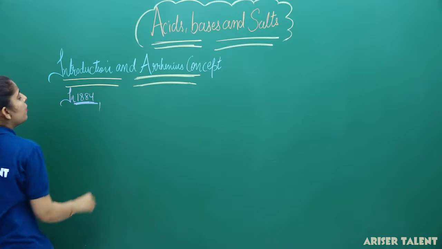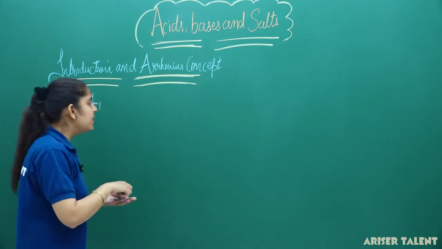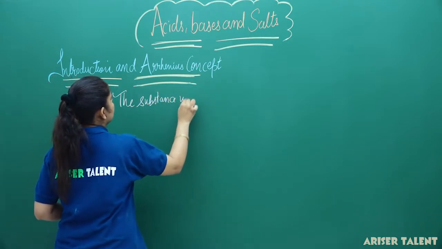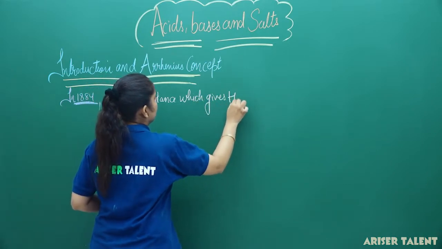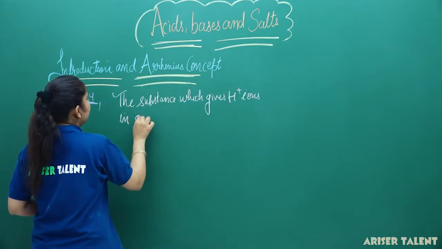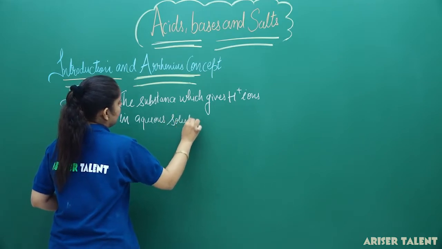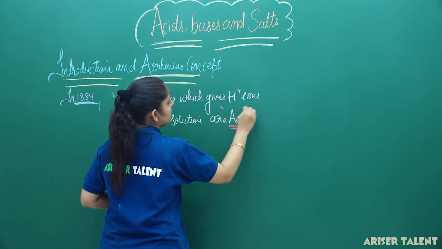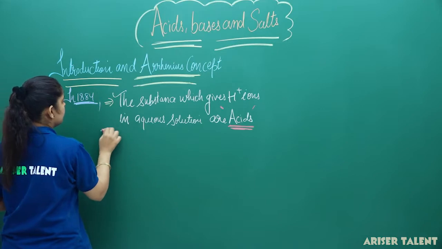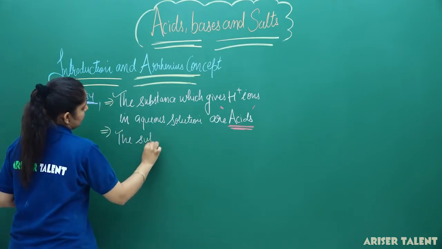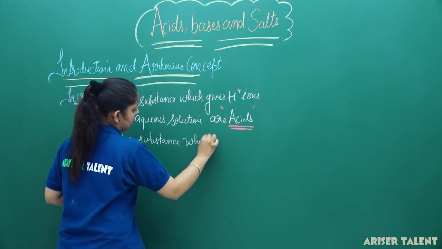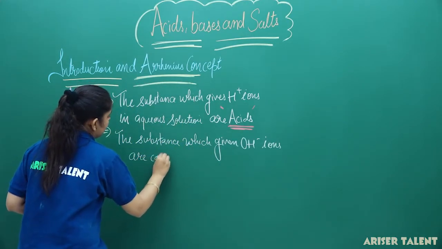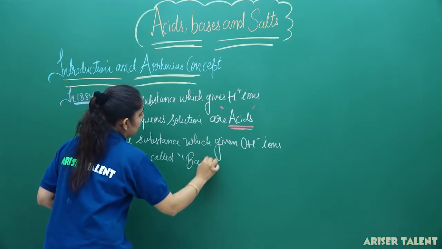In 1884, Arrhenius gave the concept of acids and bases, and he said a single thing: the substance which gives H plus ions in aqueous solution is an acid, and the substance which gives OH minus ions is called a base.